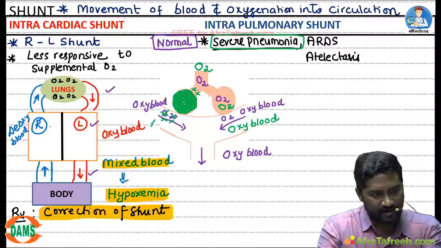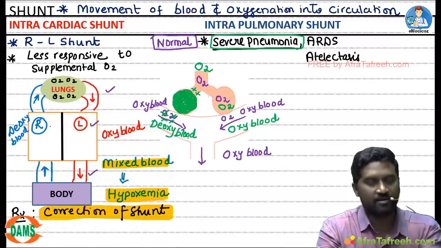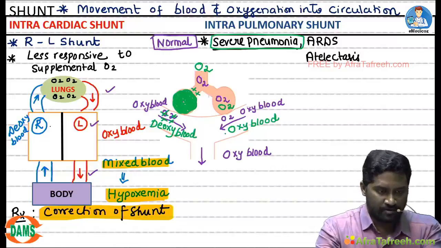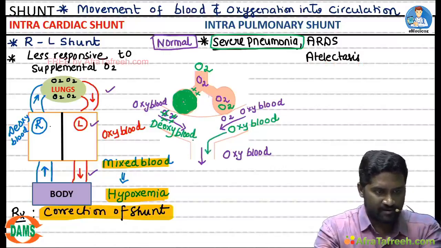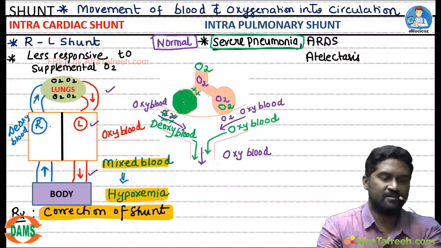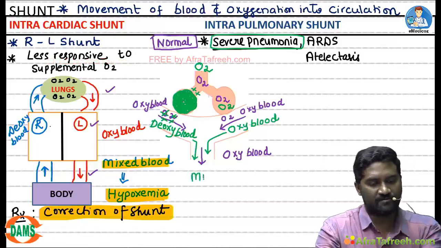So this side of the blood will remain deoxygenated, because the alveoli are blocked and oxygen cannot reach the blood on that side. Now you can notice the oxygenated blood is coming into circulation, the deoxygenated blood is also coming into circulation. So when oxygenated and deoxygenated blood mix, it will be a mixed blood.